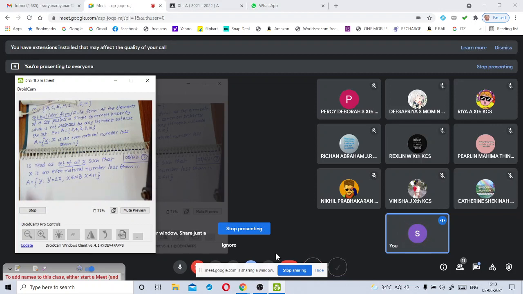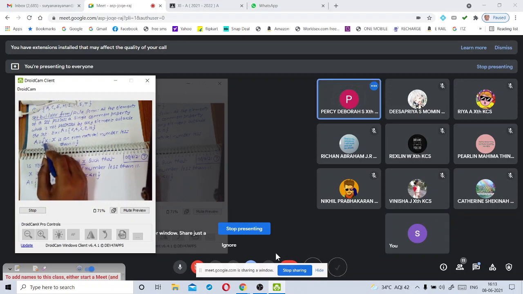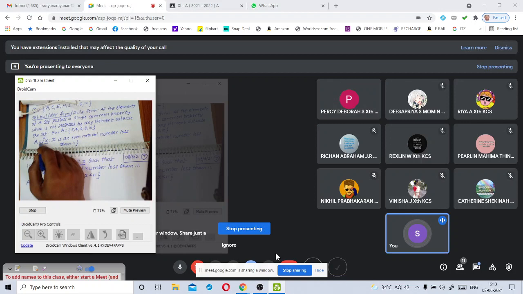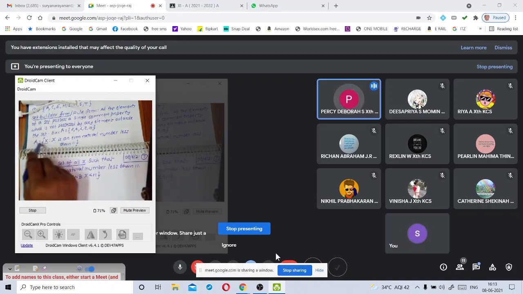Just one more time, all of you read this one. How do you read this one? Percy, can you read this one? Read from here to here.